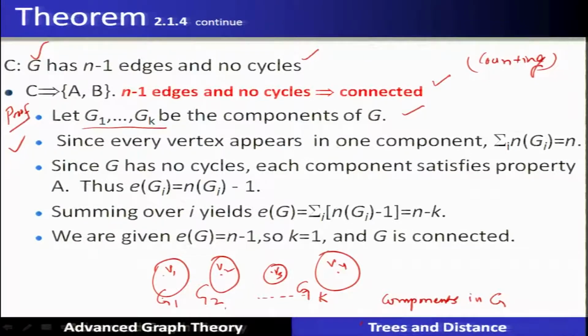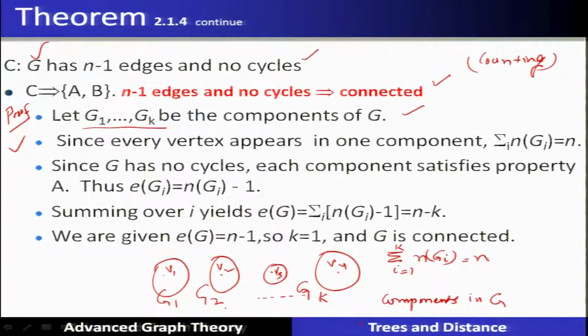So, let us count how many vertices will be there in total. We will count the number of vertices in the component Gi, and we sum over all i from 1 to k. So, the total number of vertices in this way becomes n for an n vertex graph.